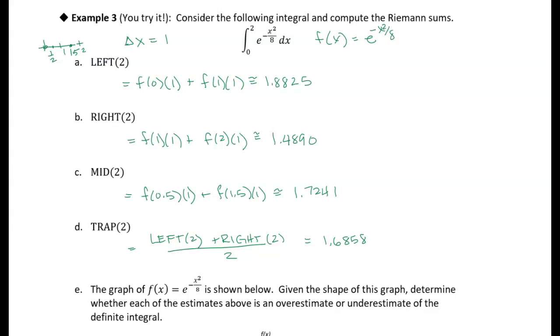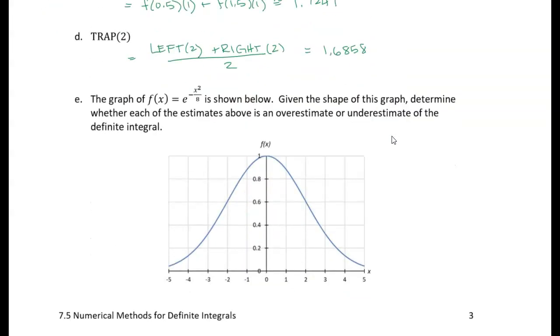Now let's take a look at whether or not these are overestimates or underestimates. So in part E, we have a graph of the function. And we're integrating from 0 to 2, right? So we're trying to find this area right here. And just by eyeballing it, it looks like in that interval it's obviously decreasing, and it also looks like it's concave down.